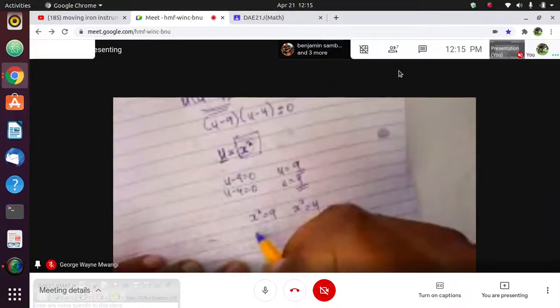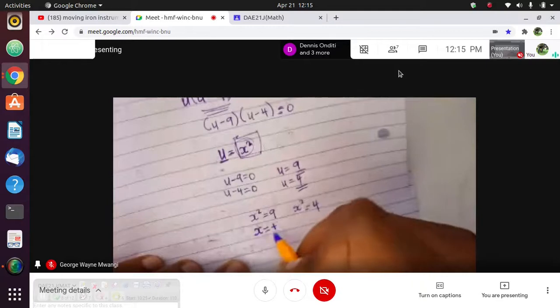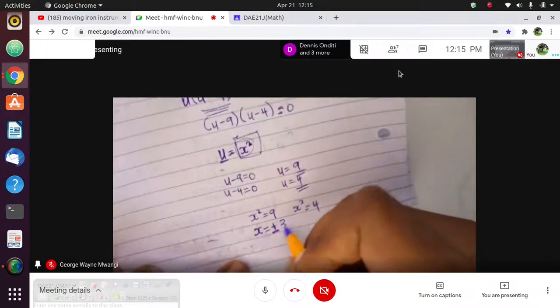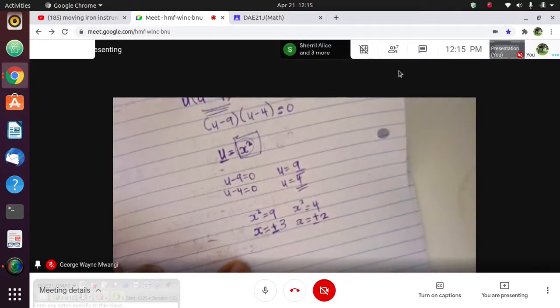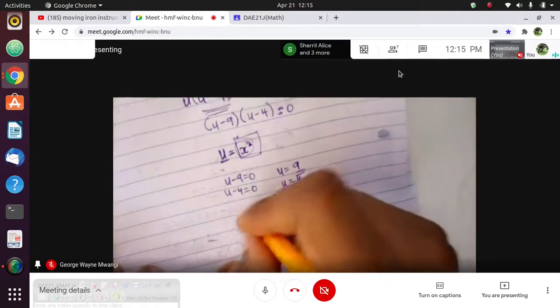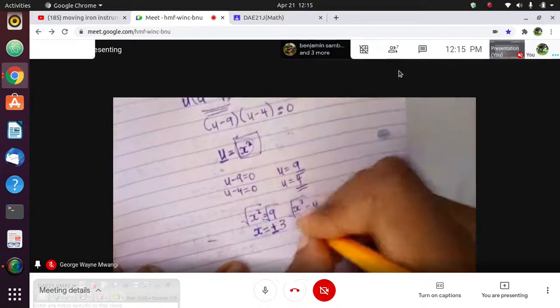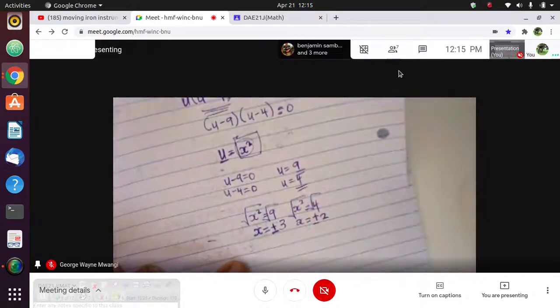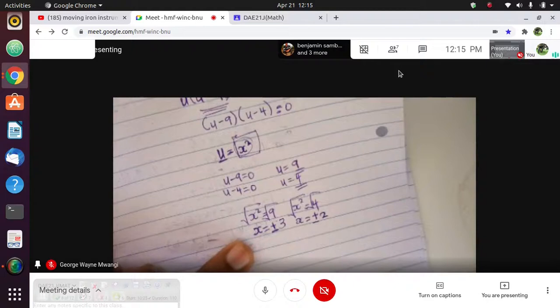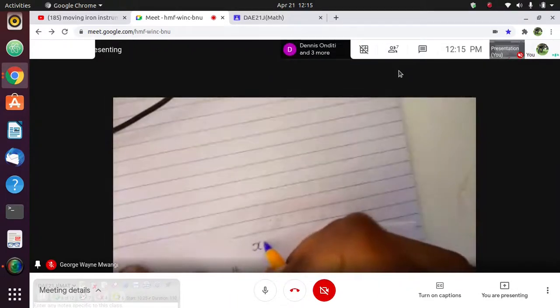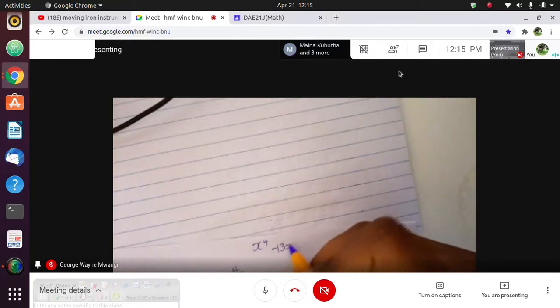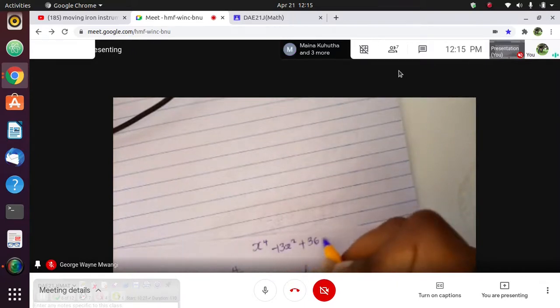Now, our values of x will therefore be plus or minus 3. X will be plus or minus 2. What we have done is we have taken the square root of x squared. We have solved this equation, x raised to power 4 minus 13x squared plus 36 is equals to 0.